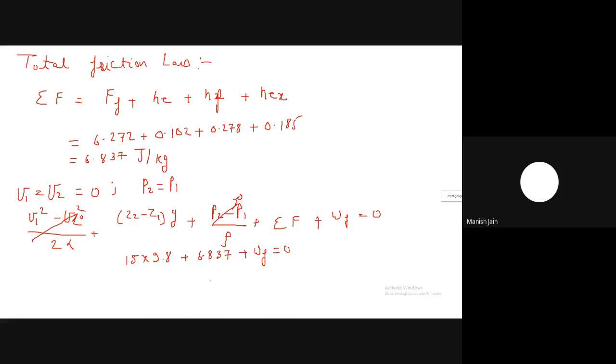So once you solve this equation, Wf equals minus 153.93 joules per kg. This is the specific energy required in the pump.